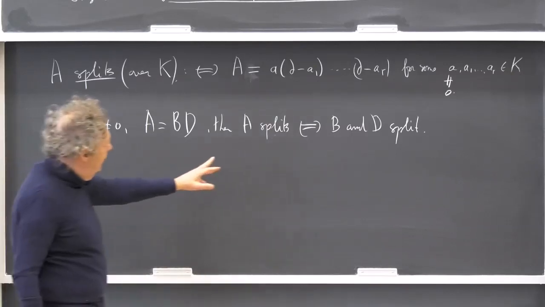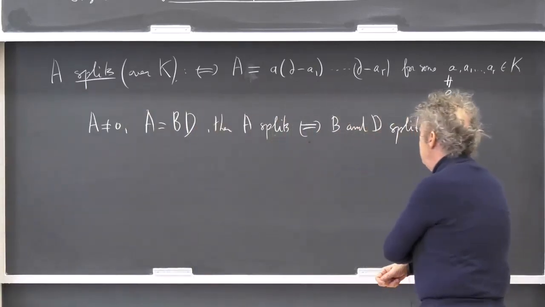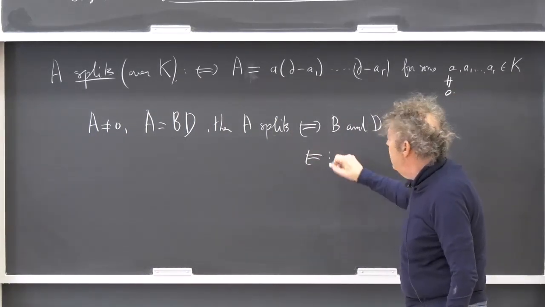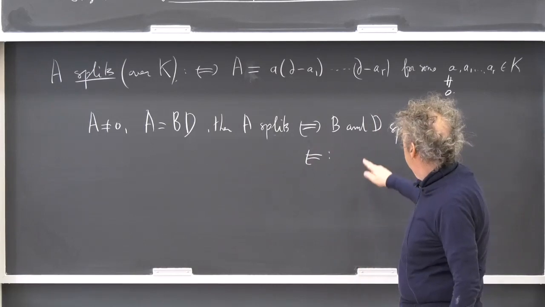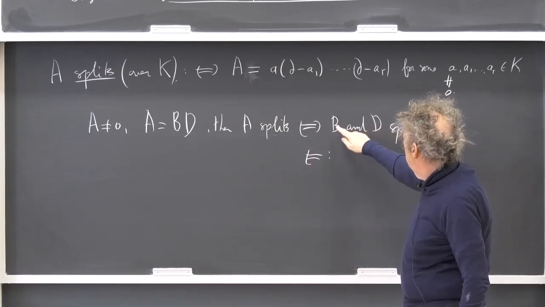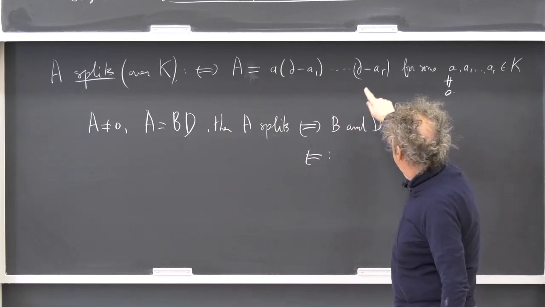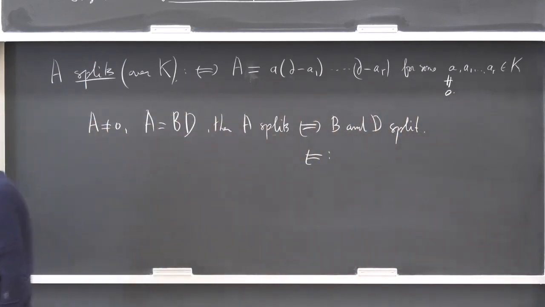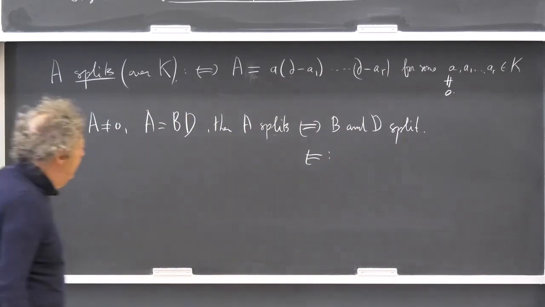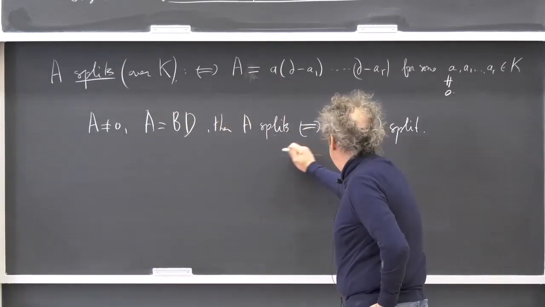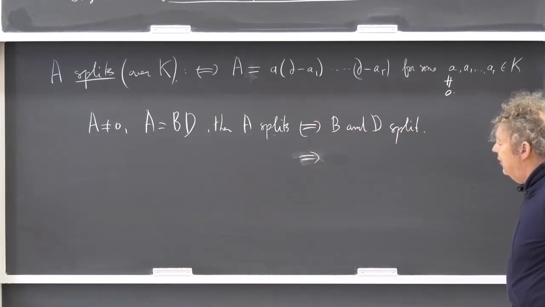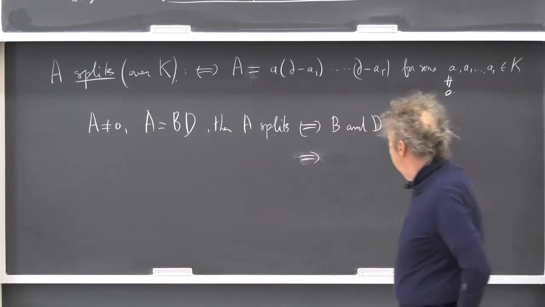This direction is fairly easy, although even that requires a little bit of a proof, because when you write B and D in this form, the factors in front of D have to be moved all the way in front, which is a routine thing to do, but still. This direction does require a little bit of work, actually.